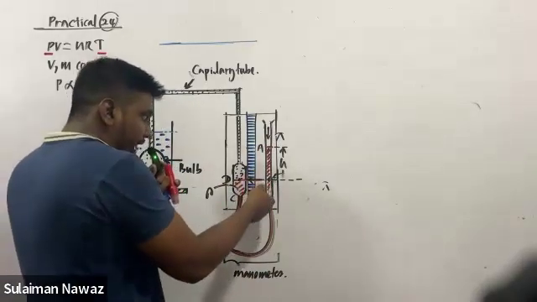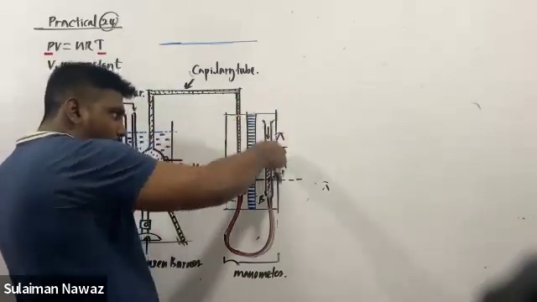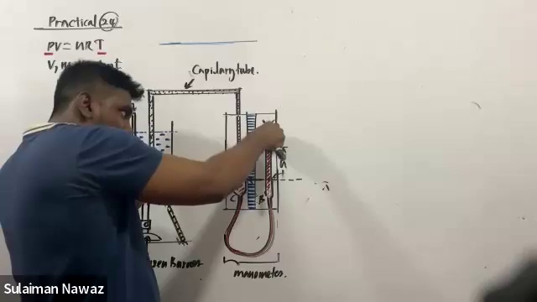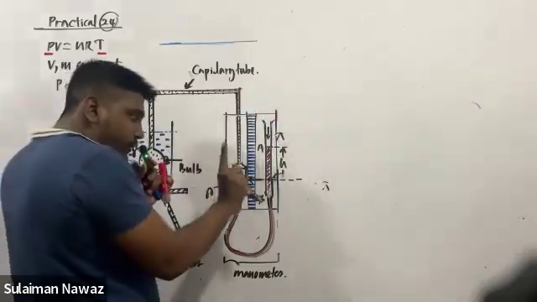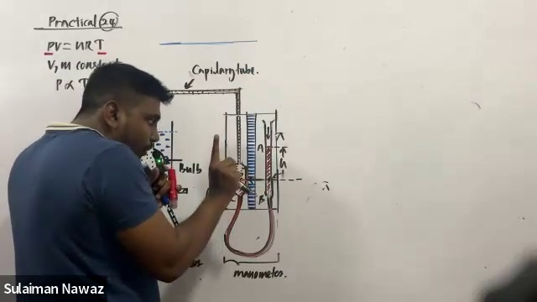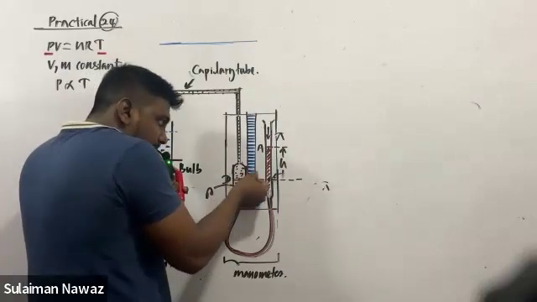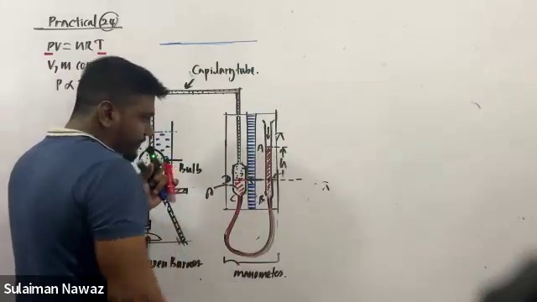So how do you do that? You are able to move this tube AB up and down. While carrying out this practical, whenever you move tube AB up or down, you want to ensure the mercury meniscus in CD aligns with this index tip, this indicator.